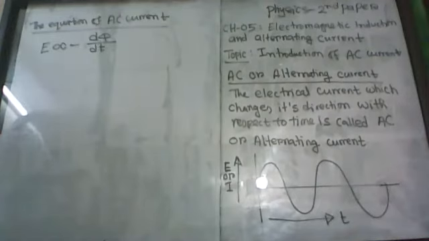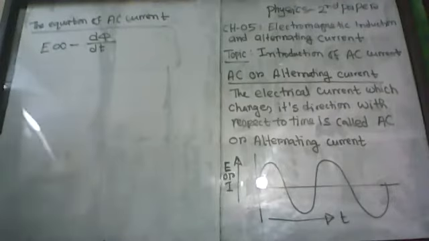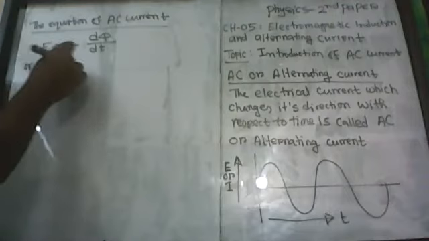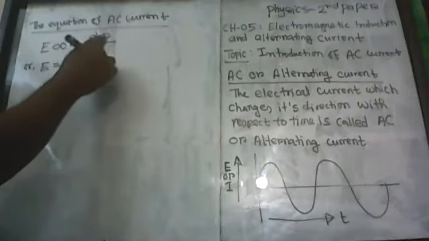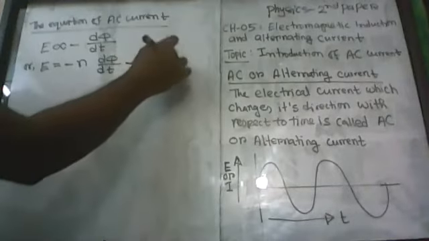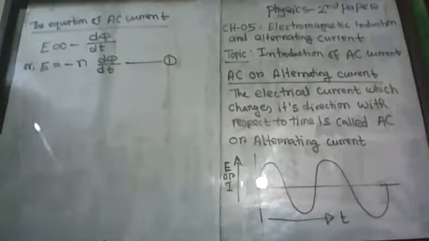Now, to balance this equation, I need to use a constant term. So E equals minus N d phi divided by dt. Equation number 1.